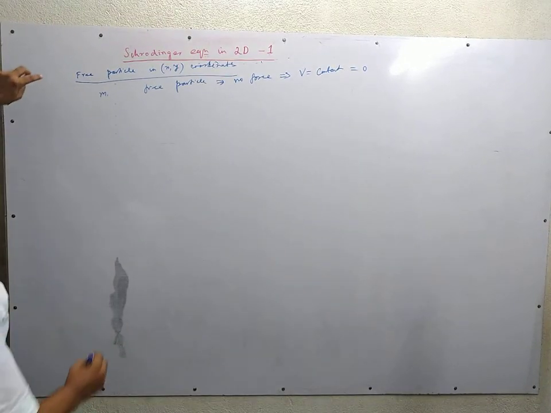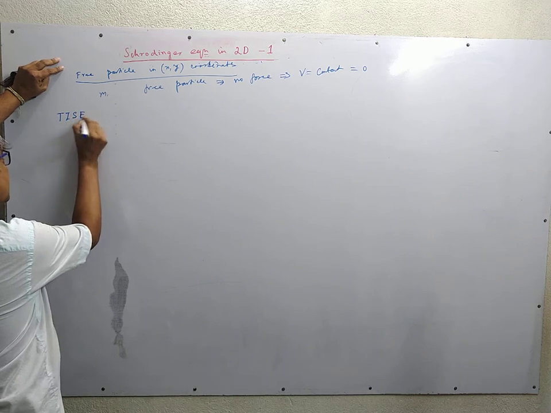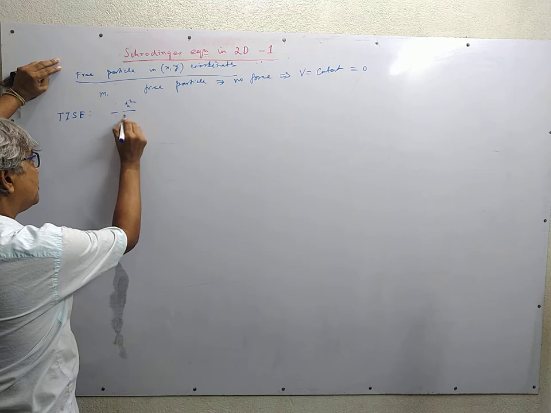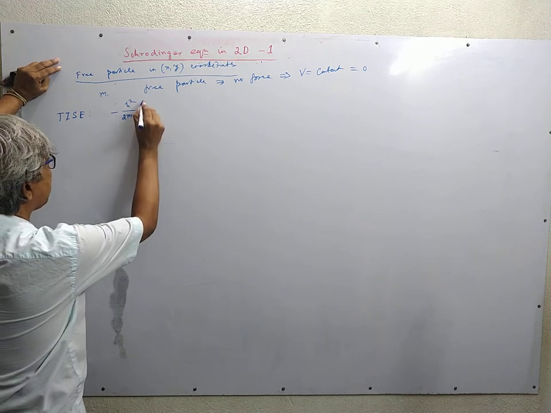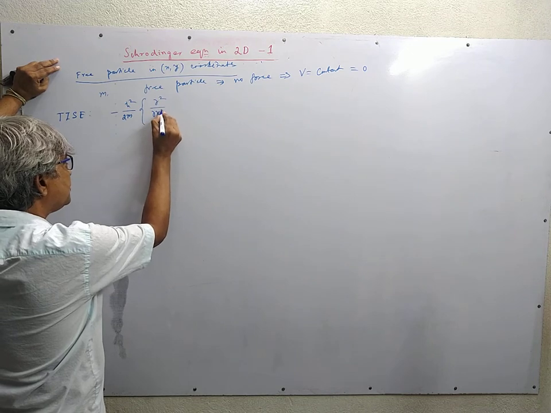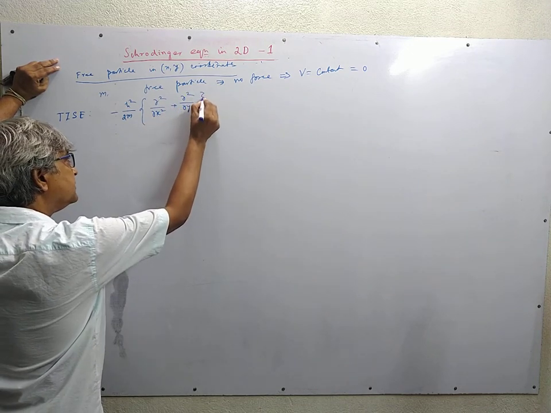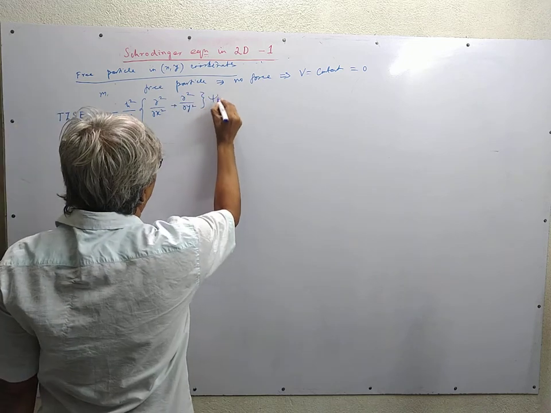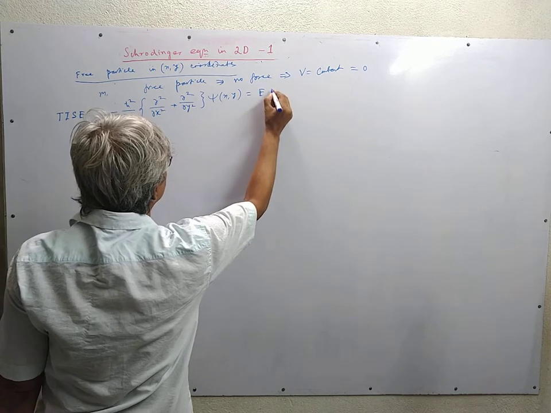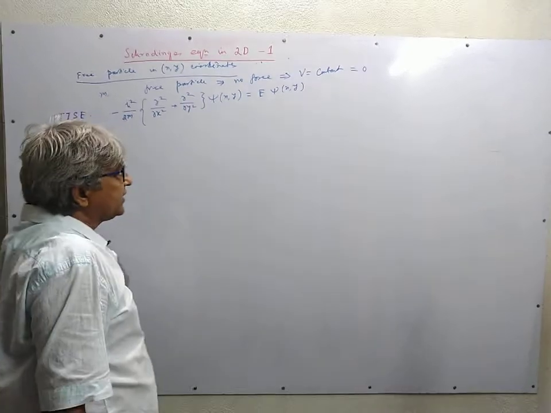So the time independent Schrodinger equation for this is minus h bar square upon 2m, where m is the mass of the particle, del 2 by del x2 plus del 2 by del y2 operating on a function psi of x and y is equal to E psi of x y. What is the energy?